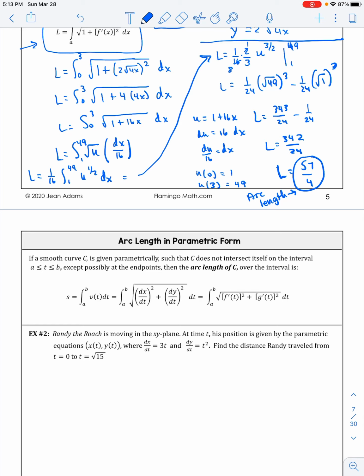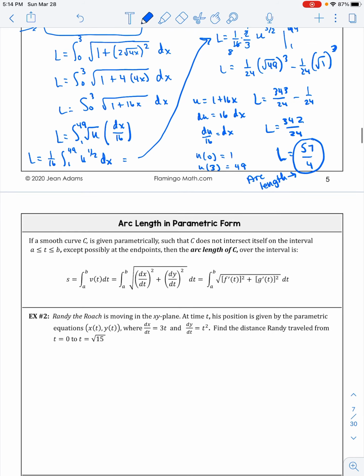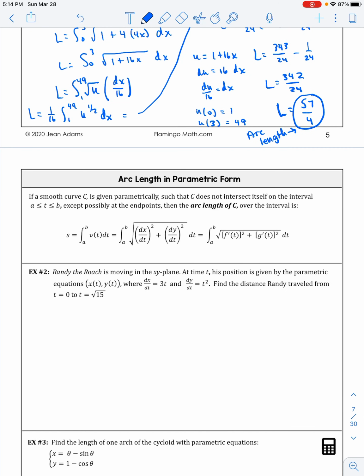And that is the same thing as the integral from A to B of the square root of f prime of t squared plus g prime of t squared, when f of t is a function of x in terms of t, and g of t is a function of y in terms of t. So now, we've got the official definition here.